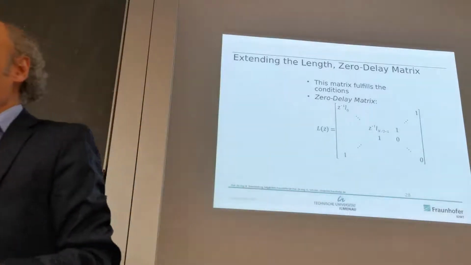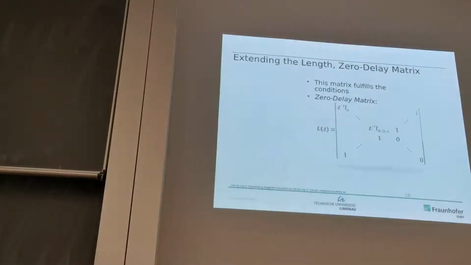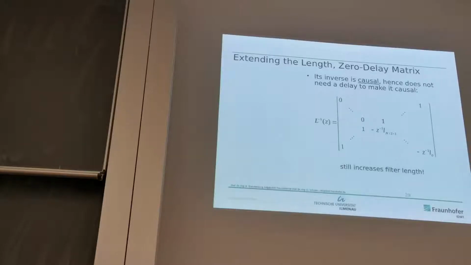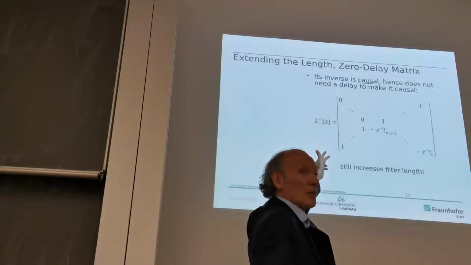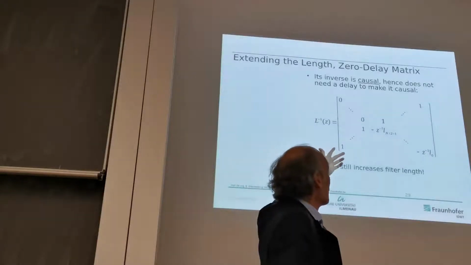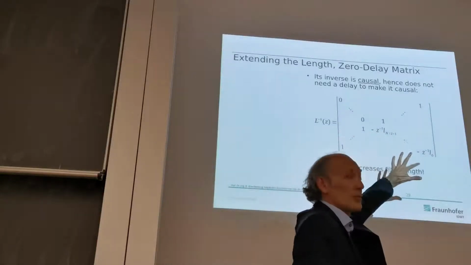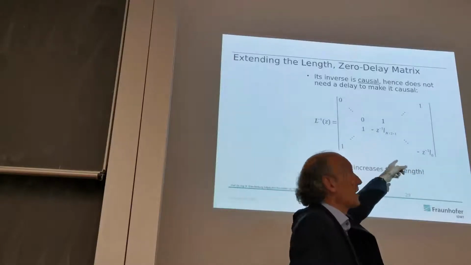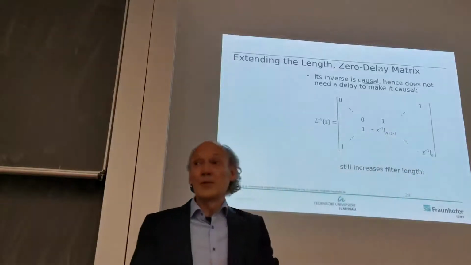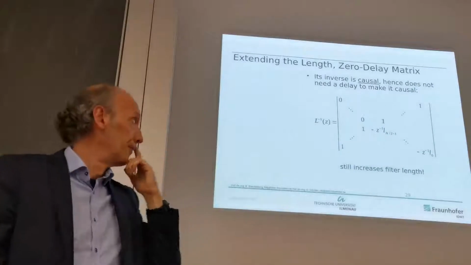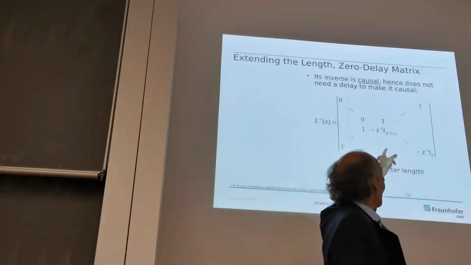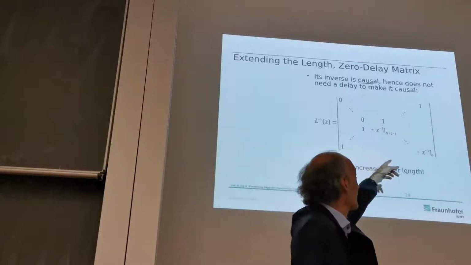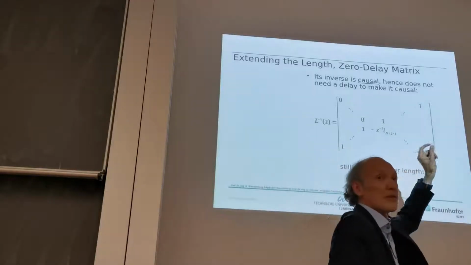And why do we call it zero delay matrix? Well, you can see when we look at the inverse, it is this. And the inverse simply consists of the same entries, but with a diagonal flipped to the other side and with negative signs. So you can see here that the signs of the entries are changed, but not the exponent sign.